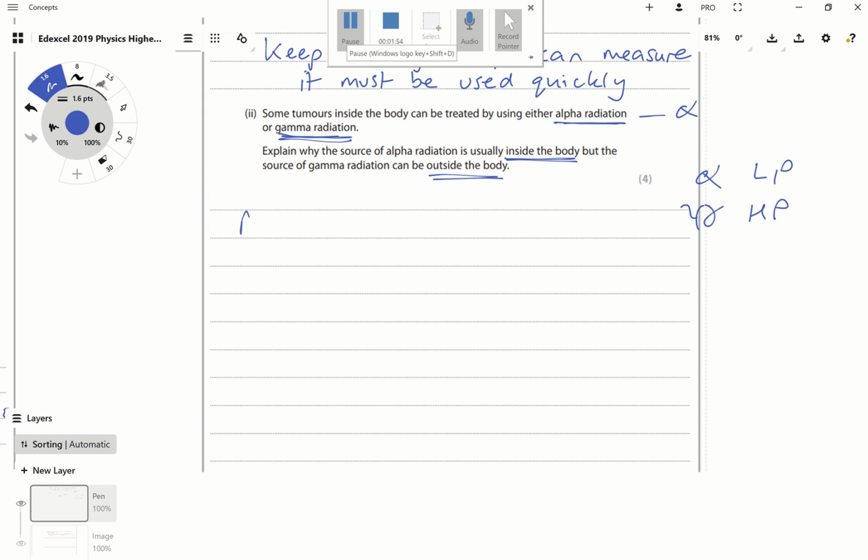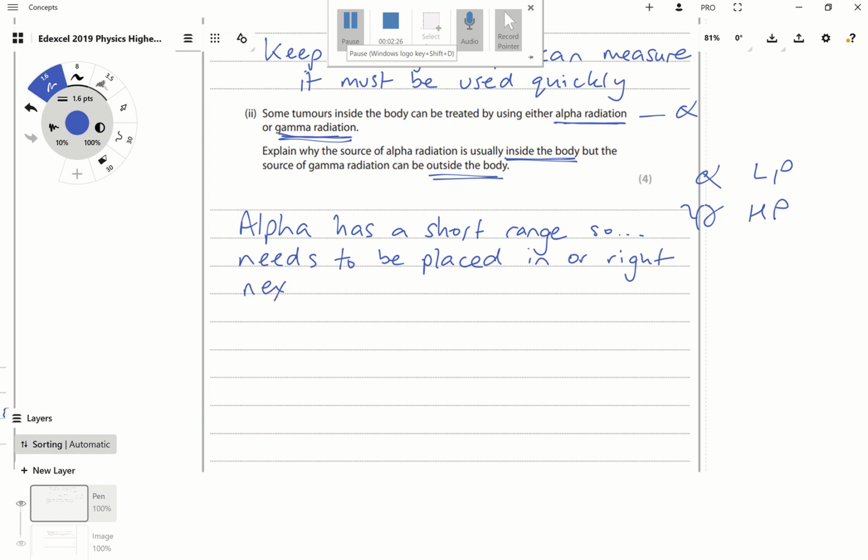So alpha has a short range or low penetration, so needs to be placed in or right next to the tumour.